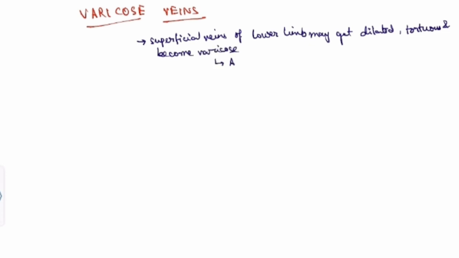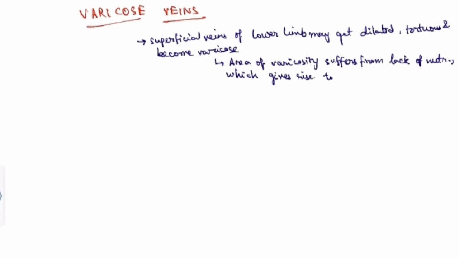The area of varicosity suffers from lack of nutrition, which gives rise to a varicose ulcer. Such an ulcer may bleed profusely and require immediate surgical attention.